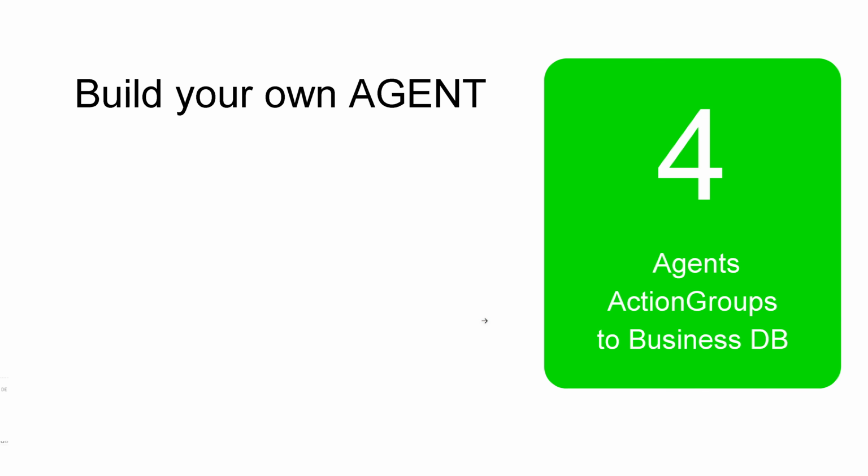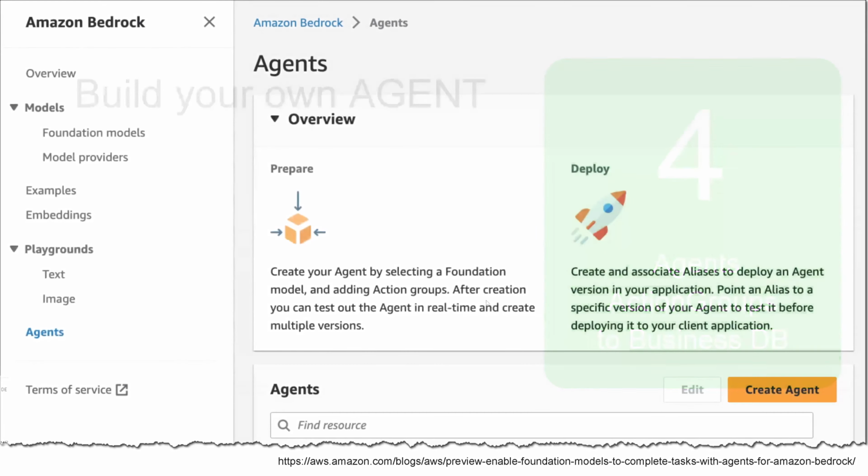So here, important point number 4, we have the agent action group here to your business databases or whatever information sources you have behind your firewalls. So we can build our own agent. Isn't this great? So overview, this is just from the manual, since everything is just an internal by invitation only preview. So yes, you know. Great, so let's do this.